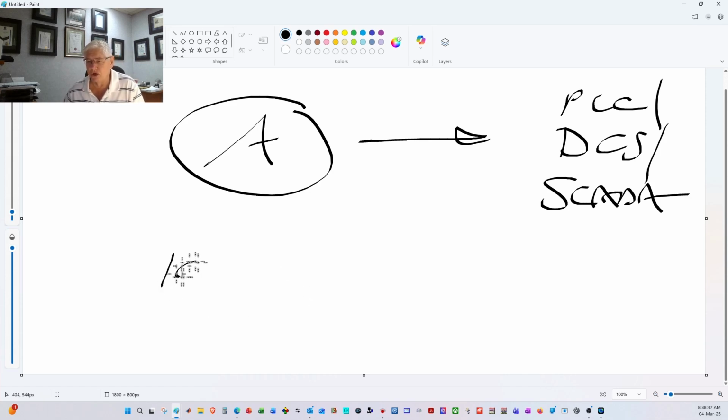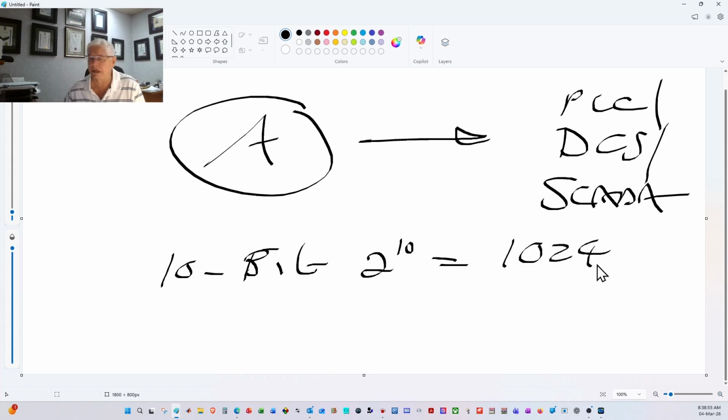I can, for example, go for a 10-bit resolution, which is going to be 2 to the power 10. And that tells me that we're going to have 1024 combinations. In other words, the raw value that they talk about, or the counts that you'll see on your PLC, are either going to be 0 or they're going to be 1023 other combinations.